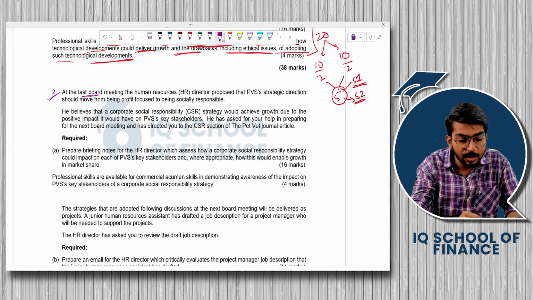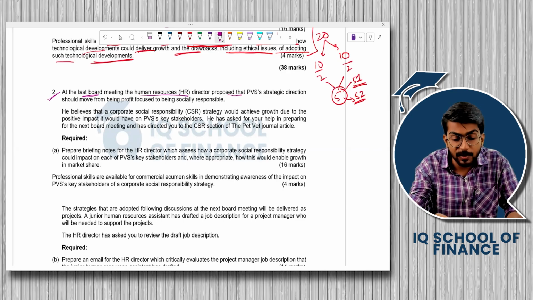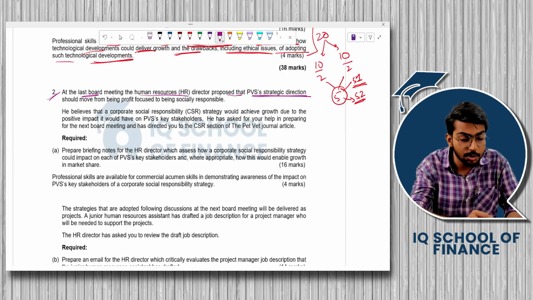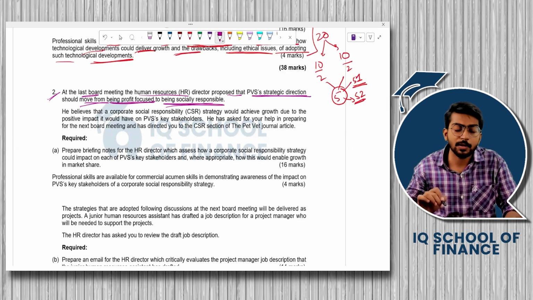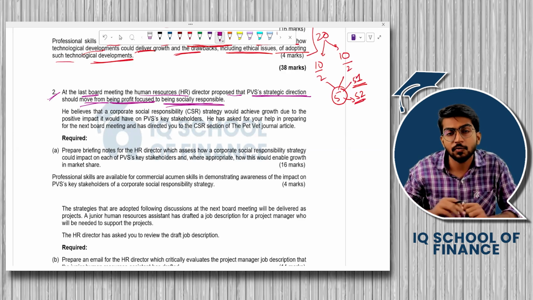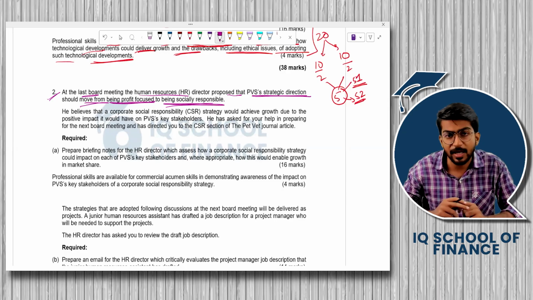At the last board meeting, the Human Resource Director proposed that PVS strategic direction should move from being profit focused to being socially responsible. For those students who were not there in the last class, let me just brief you about it. In exhibit number 1, there was a human resource director. He was saying that we should not focus on profit.